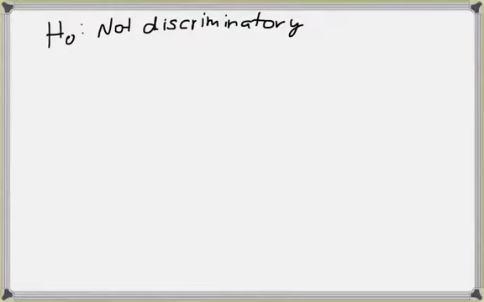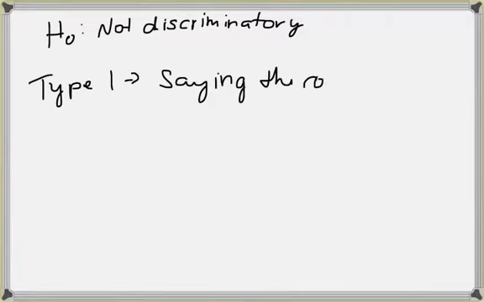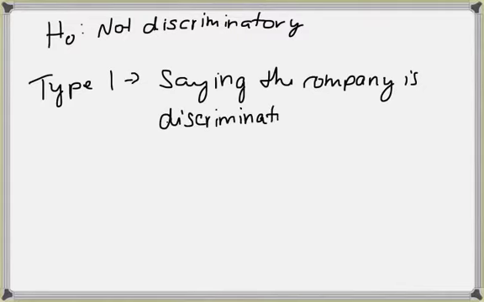So in this case, a type 1 error would be the company actually is not discriminatory, but we reject that and say they are. So saying the company is discriminatory when they are not would be a type 1 error.